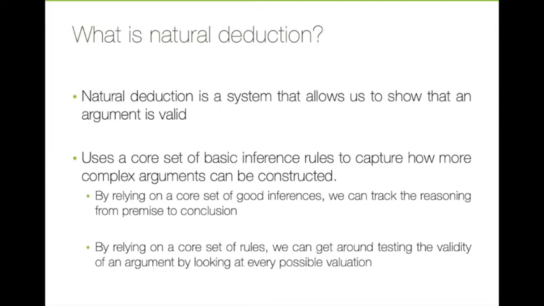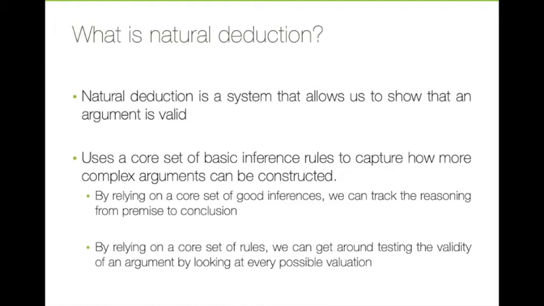The other advantage of natural deduction is that by relying on these core sets of rules, we can get around having to test the validity of an argument by looking at every possible evaluation, the thing that made truth tables get long quite quickly. The inference rules that we use instead in the natural deduction system will correspond with valid argument patterns.